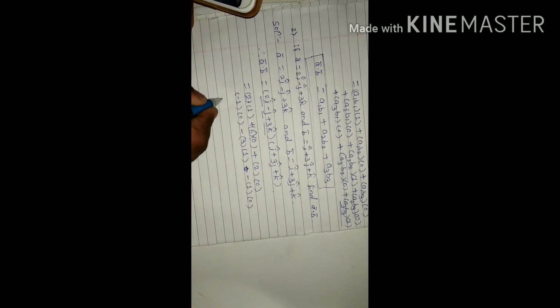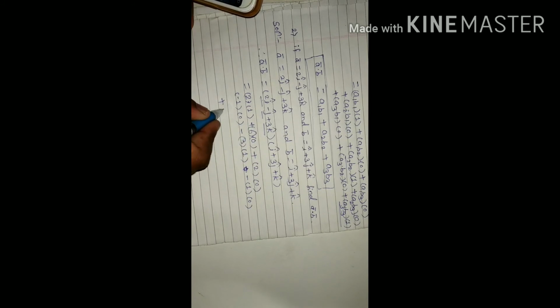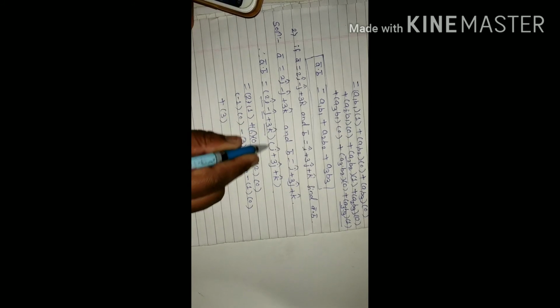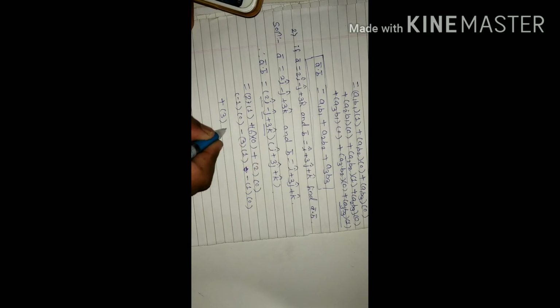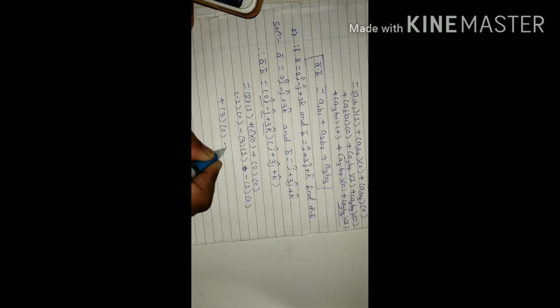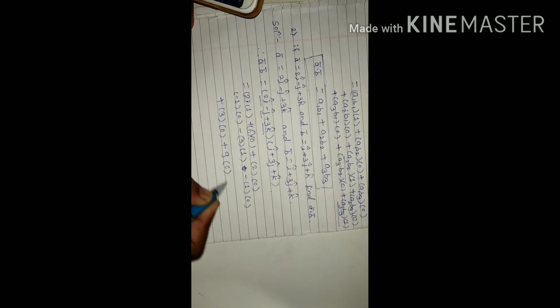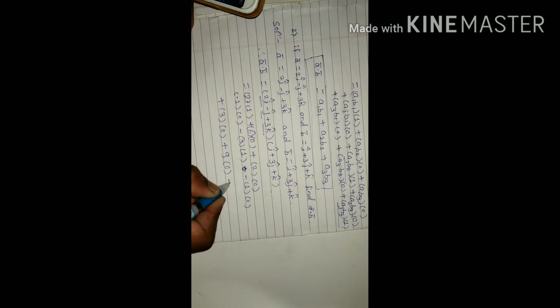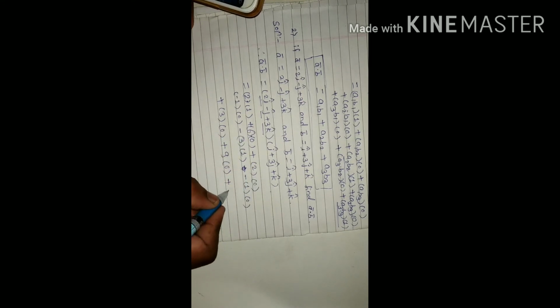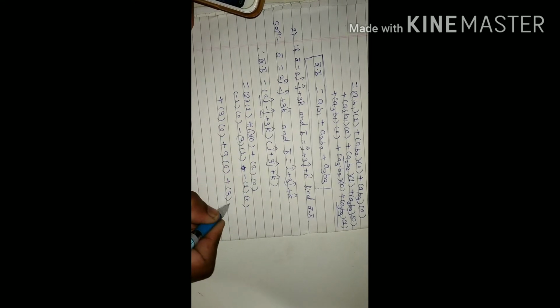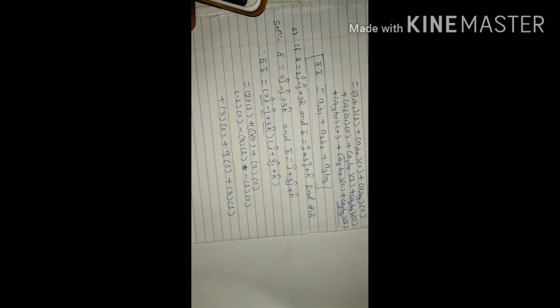And the last term, 3 into 1 we get 3, k cap dot i cap, that is 0, plus 3 into 3, 9, k cap dot j cap, that is 0, plus 3 into 1, that is 3, and k cap dot k cap, that is 1.